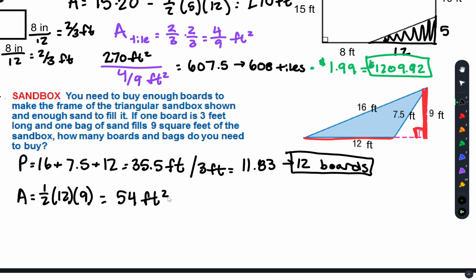Again, I'm using that number to figure out how many bags of sand I need to buy. It says 1 bag of sand fills 9 square feet. So I'm going to divide this by 9 to get that I need 6 bags. And that came out nice and even, so I don't need to do anything crazy. Any questions on this?